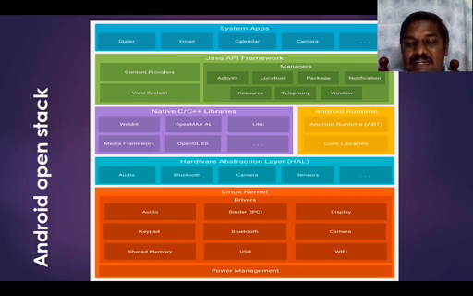The Android runtime is also called the core of the Android OS, because it executes each and every system application as well as user created or user defined applications with the help of core libraries. They are executed in the Android runtime only. So this is the major role played in the Android OS.